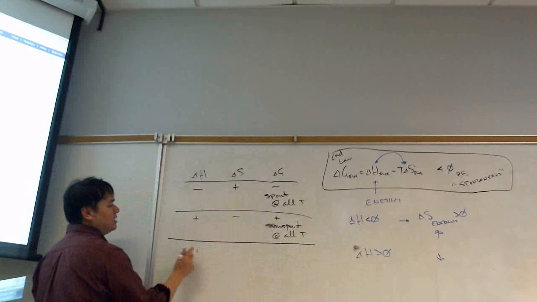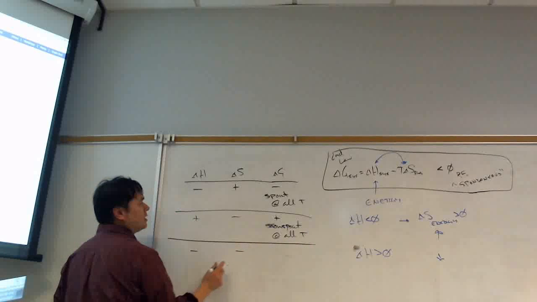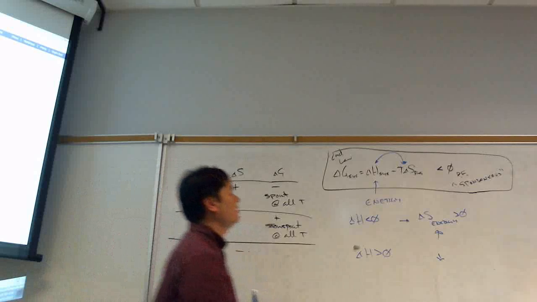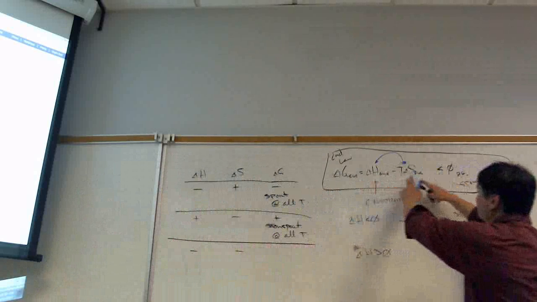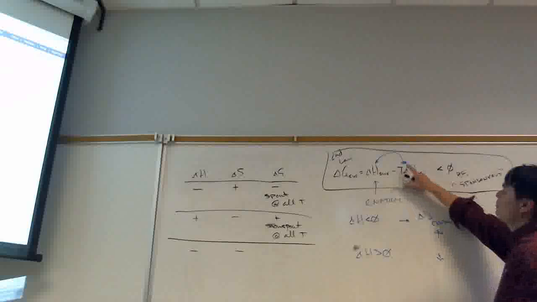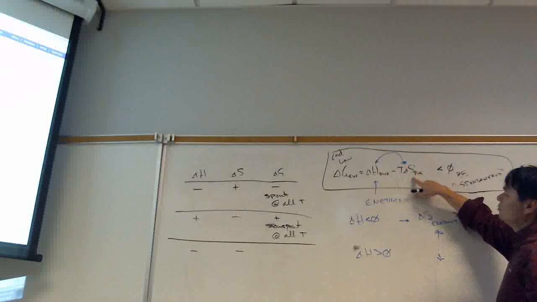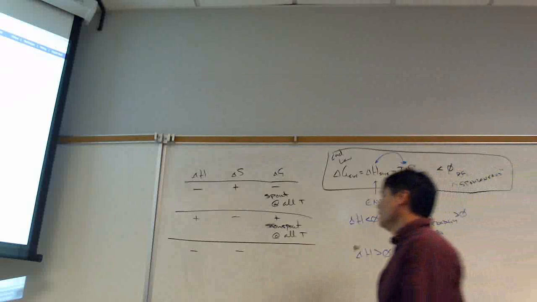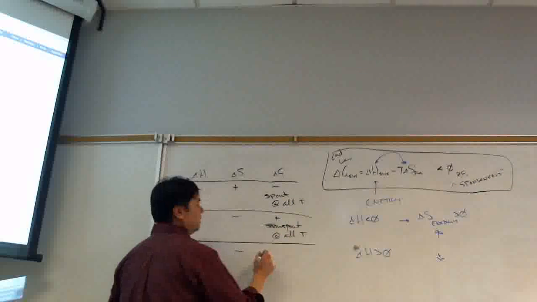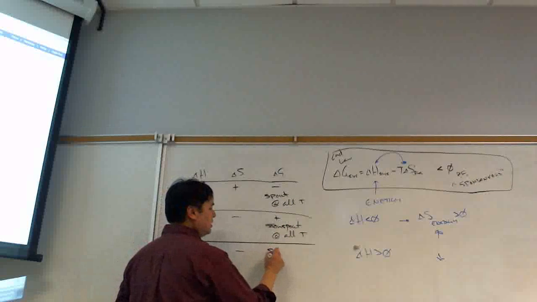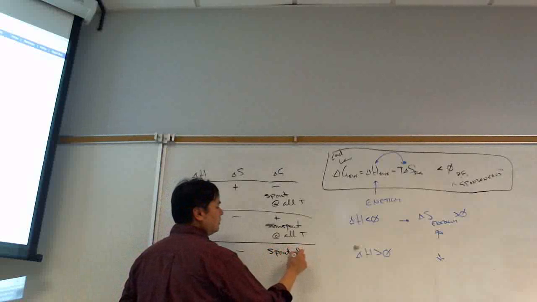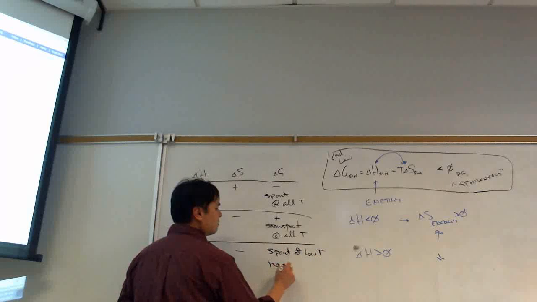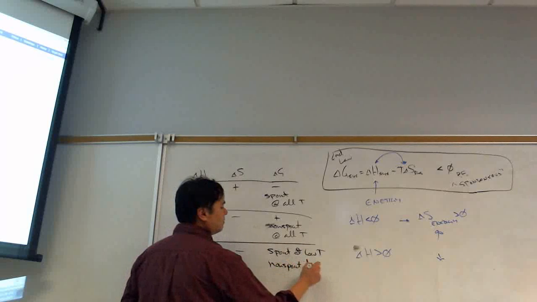But what can happen here is there can be a conflict. For example, delta H is favorable, but delta S is unfavorable. If the energy term is favorable, but the entropy term is unfavorable, then you want to minimize the entropy term. One way we can minimize the entropy term is by decreasing the temperature. And so this is going to be spontaneous at low temp, non-spontaneous at high temp.